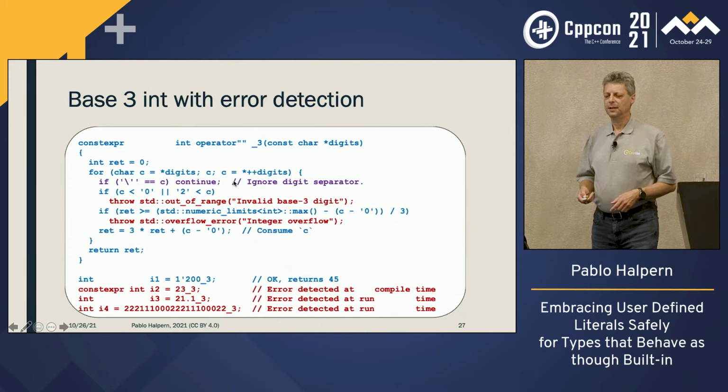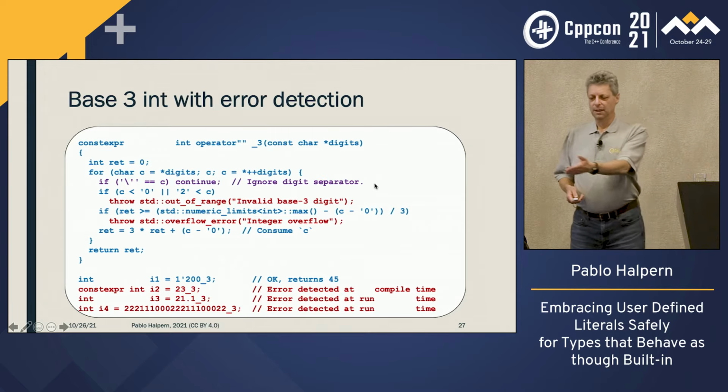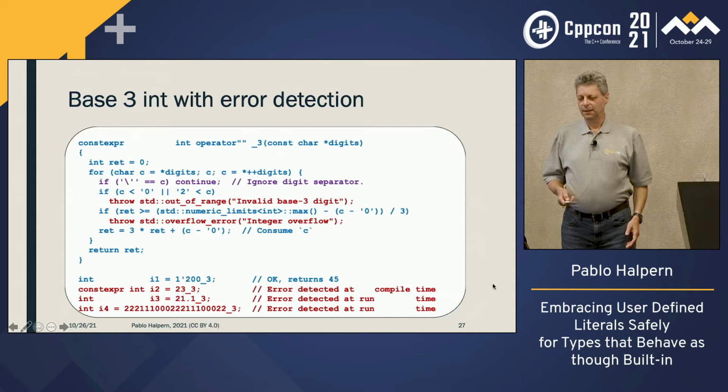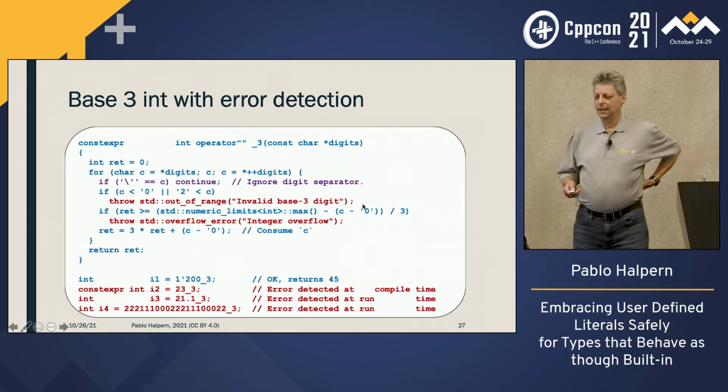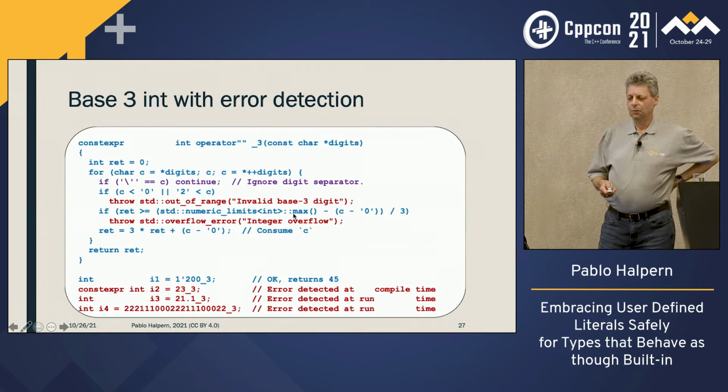And what we do with the tick mark is ignore it. Go on to the next digit. Then we detect any character that's outside of the range 0 to 2. And we say, hey, that's not a base 3 digit.